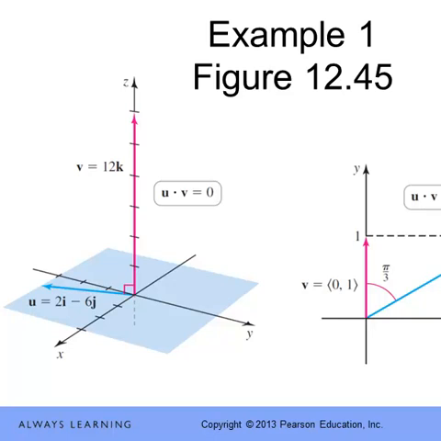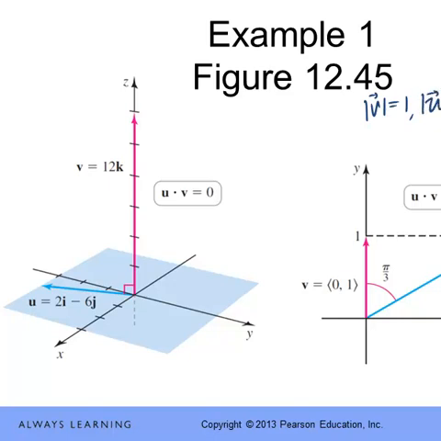What is their dot product? Well, magnitude u times magnitude v times the cosine of the angle between them. Magnitude v is equal to 1.